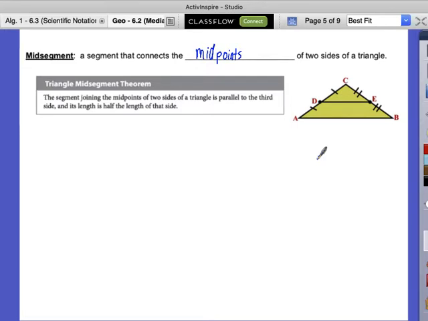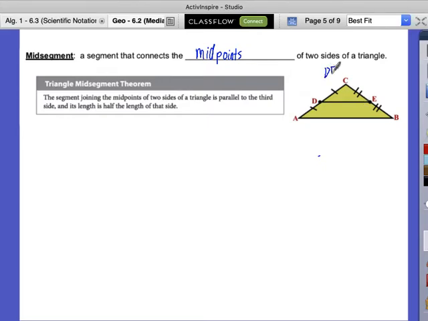So here we can see in this picture, we have the big triangle ABC. And we see on side AC, what's the midpoint? D, because we're told A to D and D to C are congruent by the tick mark. On the side BC, what's the midpoint? E, very good. Because we can see B to E and C to E are congruent. So segment DE connects those two midpoints.